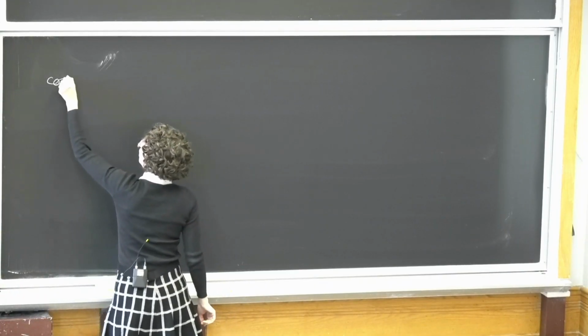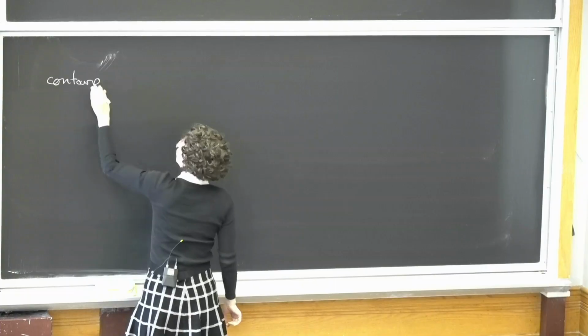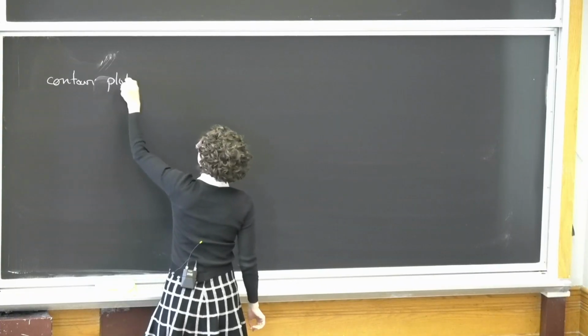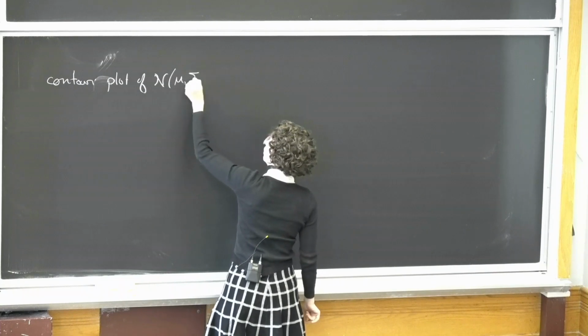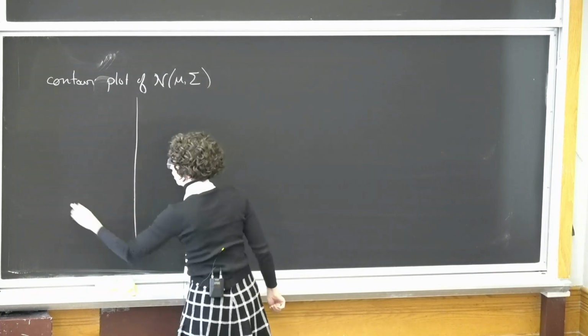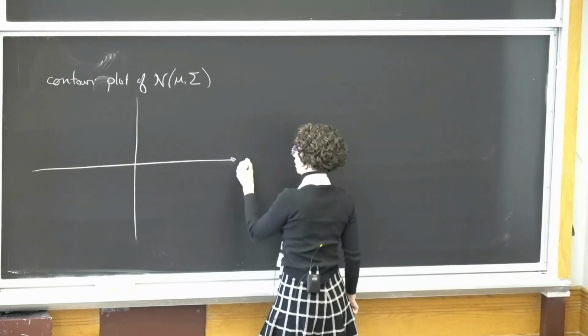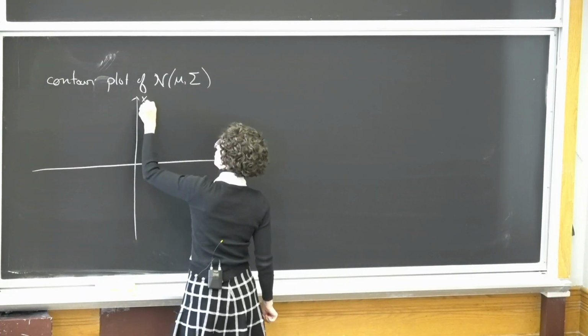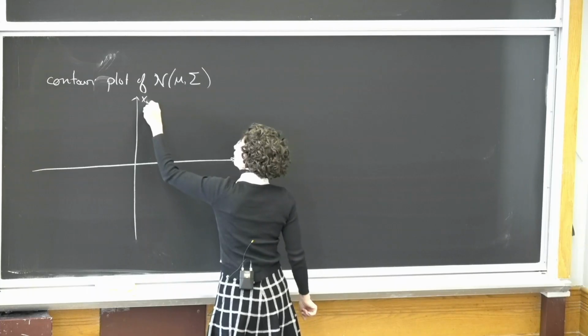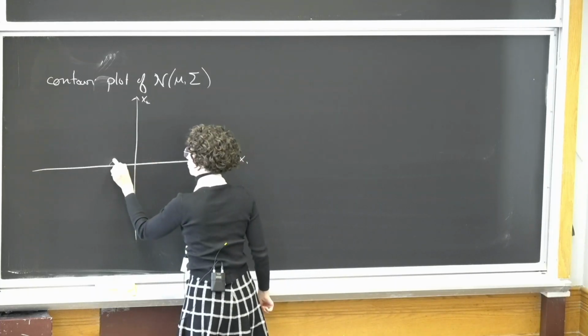So, a contour plot of this distribution in 2D. Again, we're having zero mean. And in this example, here, I'll draw my contours first.